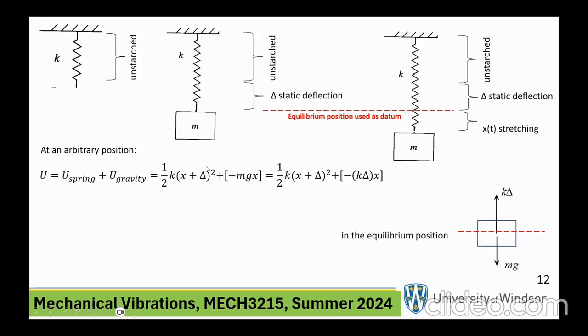Now, you remember from your mechanics class, if you take a spring and you stretch it by some amount, the potential energy stored in that configuration is one half of the stiffness times the amount of stretching squared. And the amount of stretching comes from two sources.